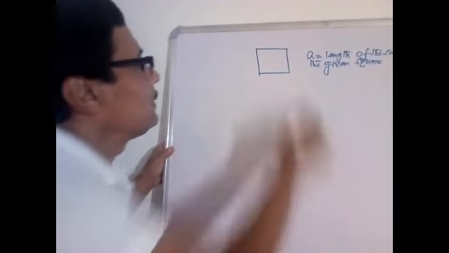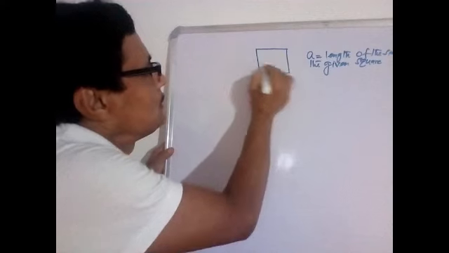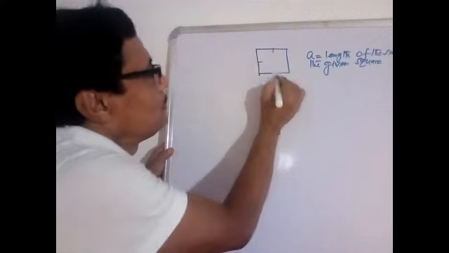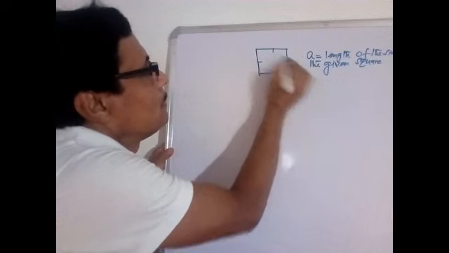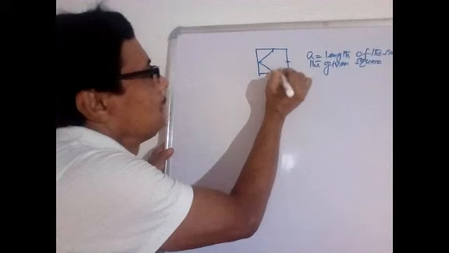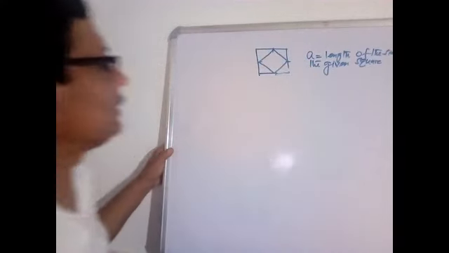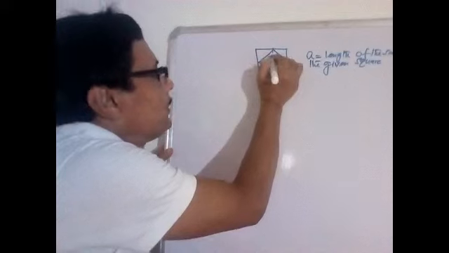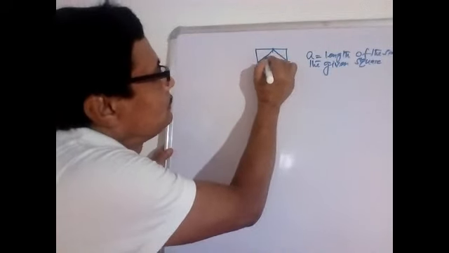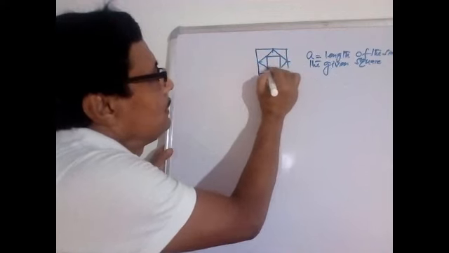Now, if we connect the midpoints of the sides of this square, again we can get a square. Further, if we connect the midpoints of the sides of the first constructed square, again we can get a square.